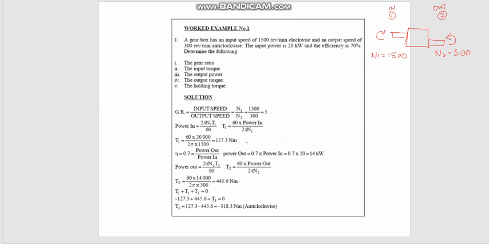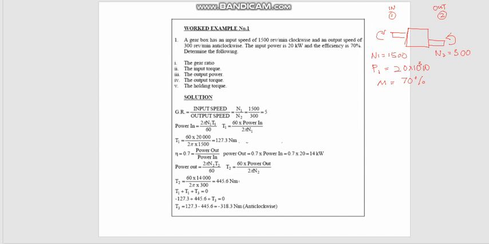Okay? It is also given that the input power P1 equals 20 kilowatts, 20 times 10 to the power 3 watts, right? And it's given that the efficiency of the system is 70%. So we are asked to find the following.